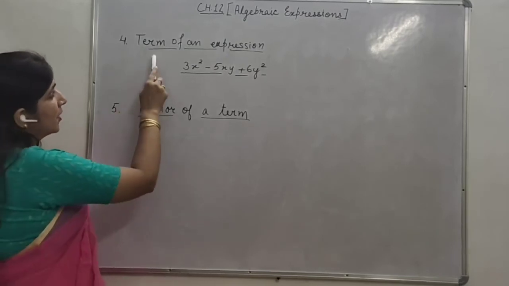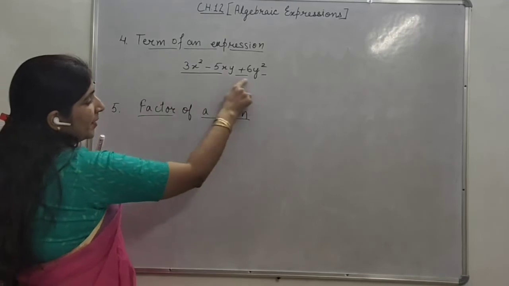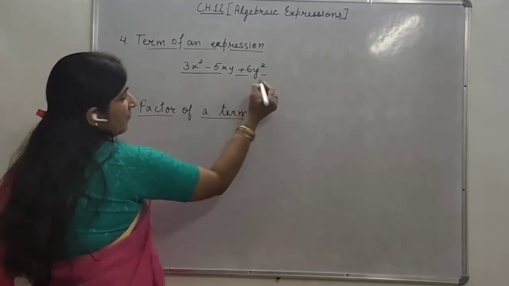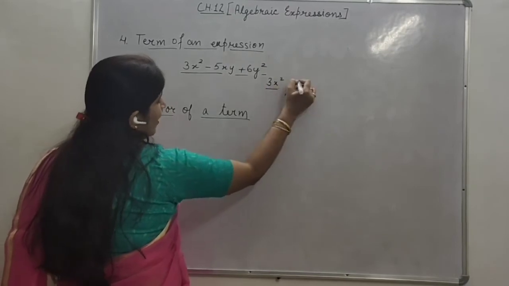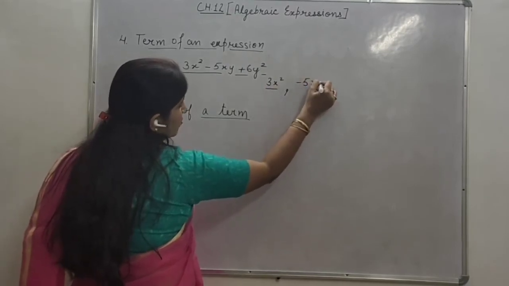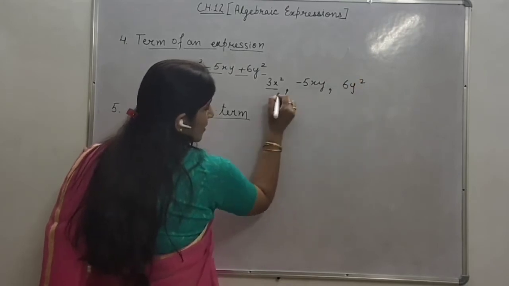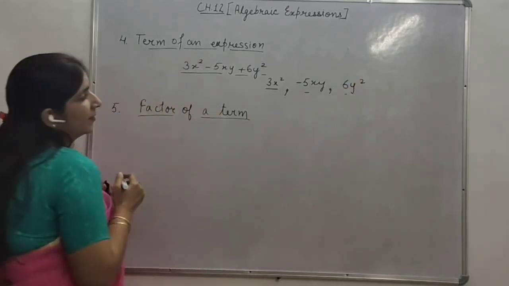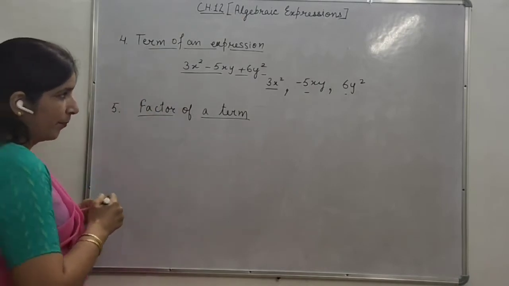Now we need to tell what is the term of an expression. This complete thing is an expression. Now if I write 3x square, if I write minus 5xy, and thirdly 6y square, so these three are the terms of this given algebraic expression.